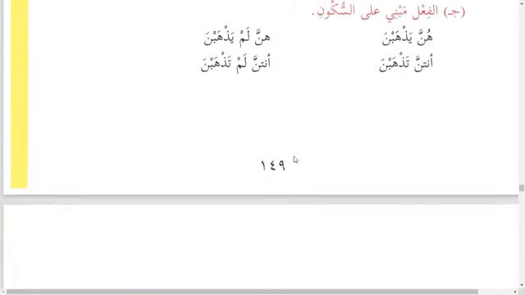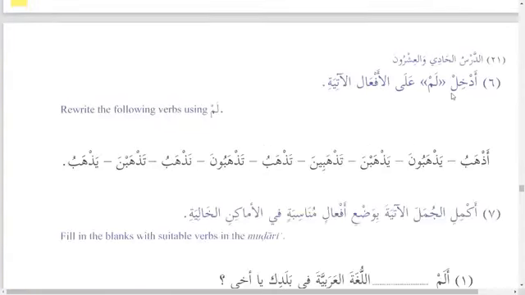Excellent. Today we have fi'l al-amr: adkhil lam ala al-af'al al-atiya. Adkhil means to enter, but here it means add lam, or rewrite the following verbs using lam. So we have to use lam with these verbs.